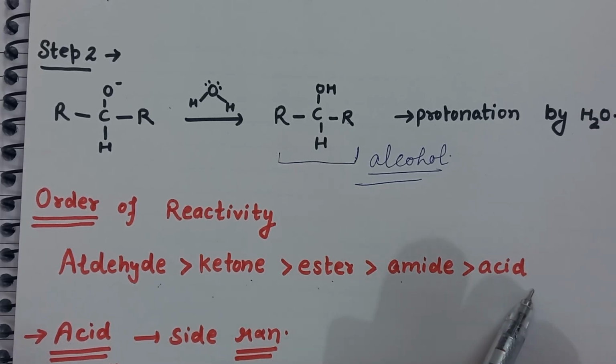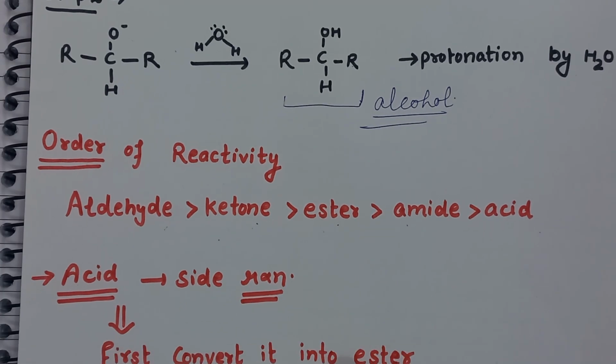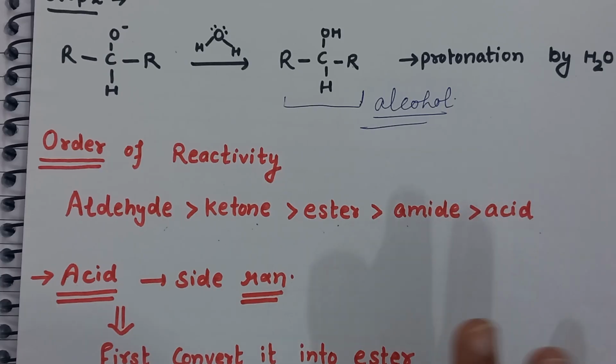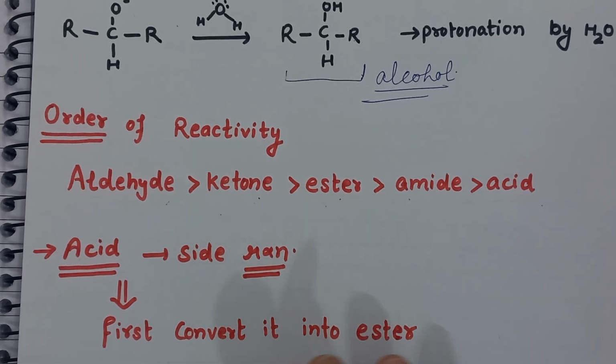and then acid. As we have said earlier, the reactions of lithium aluminum hydride are generally carried out in an aprotic solvent, because it takes the H plus ion from water and leads to the formation of hydrogen gas. In the case of acid also, the acids can give the H plus ion.